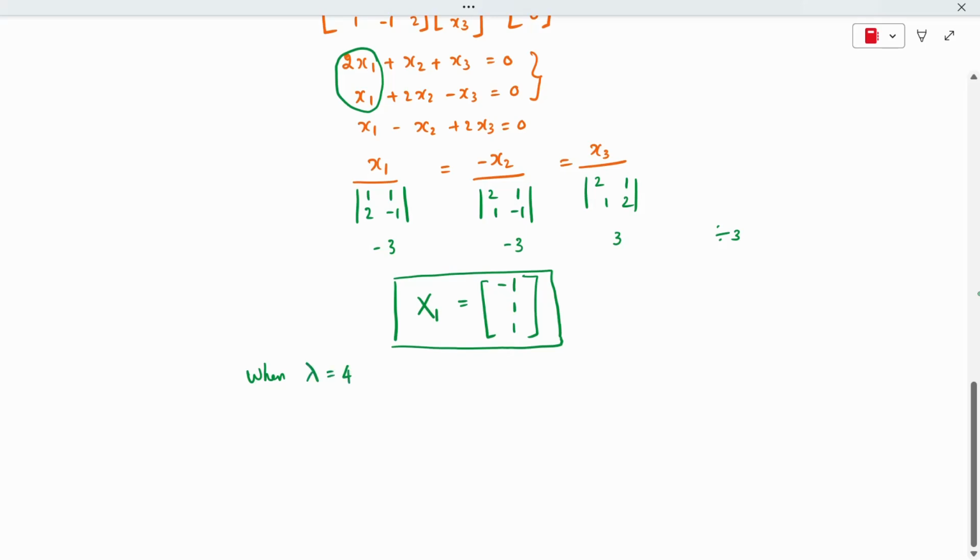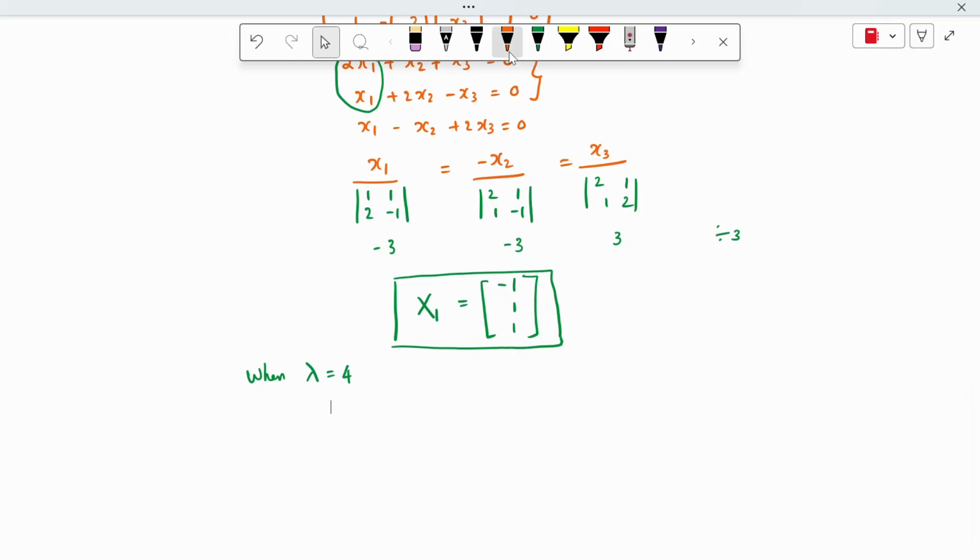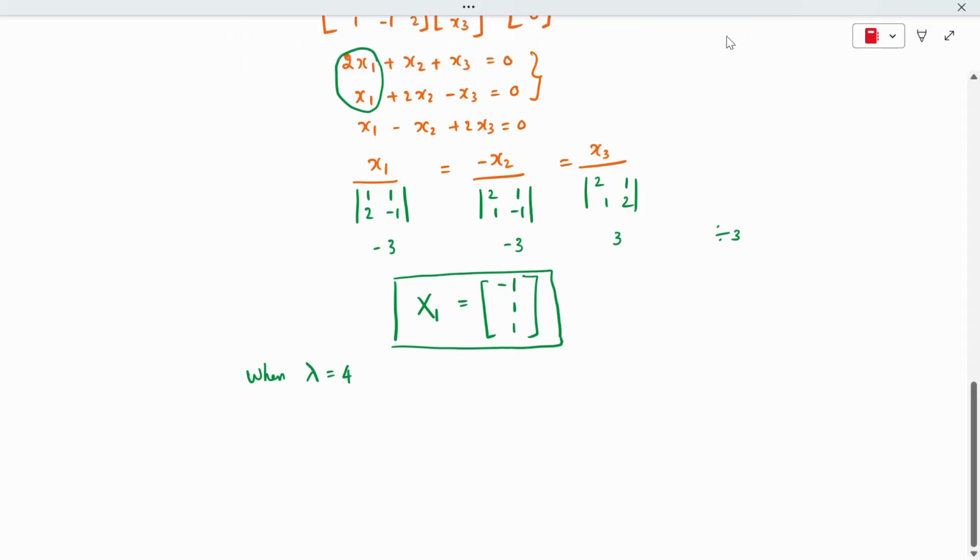Now lambda equal to 4, I am going to calculate the second vector. The same way, substitute lambda equal to 4 in the equation, and you will get the matrix (minus 1, 1, 1), (1, minus 1, minus 1), (1, minus 1, minus 1) into x1, x2, x3 equal to 0, 0, 0.